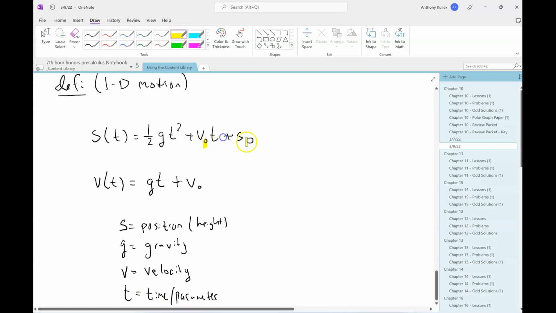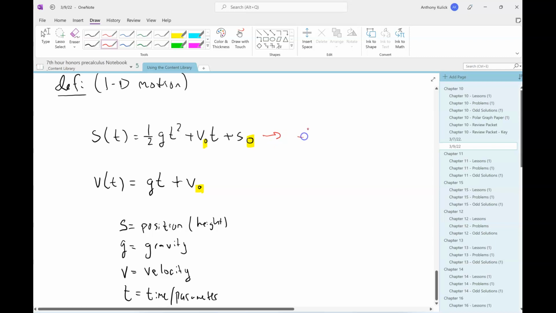Now, when we put the little subscript 0 on a variable, it just means initial, right? So V naught is the initial velocity, or S naught is the initial height. Everybody's okay with that? So in this course, we're going to just talk about all of our units as feet. In that case, the gravitational constant is about -32 feet per second squared.